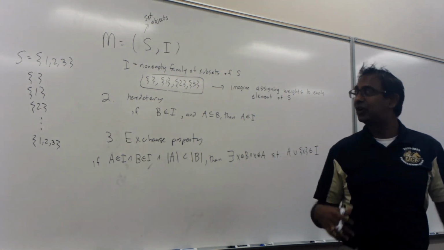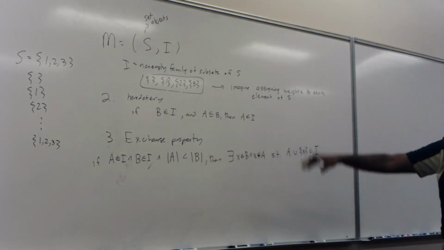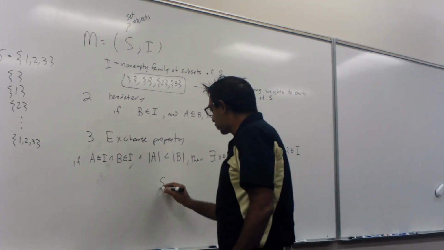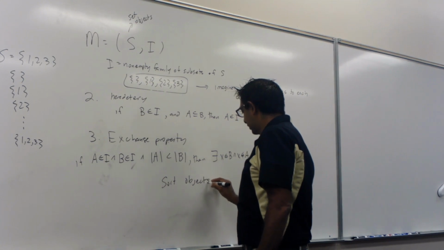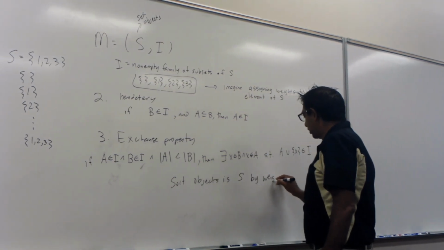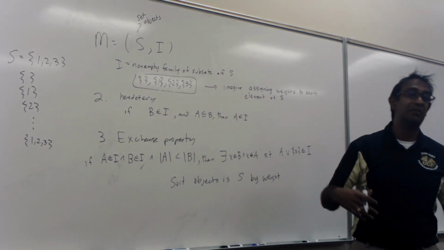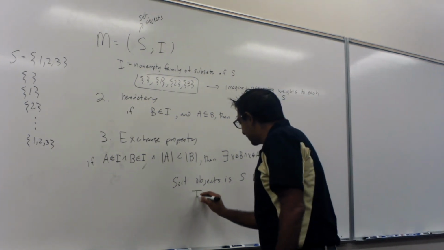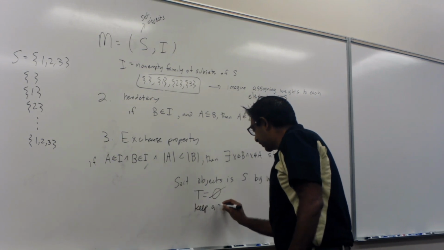And it turns out, and I'm not going to go through the full proof, that when you satisfy all these properties, you can do the intuitive thing: sort the objects in S by weight. If you want the minimum, go small to big; if you want the maximum, go big to small. Then start with some set T that's the empty set, and keep adding stuff to T.